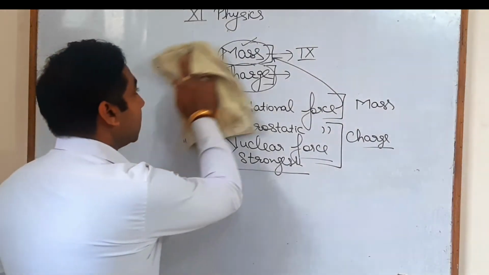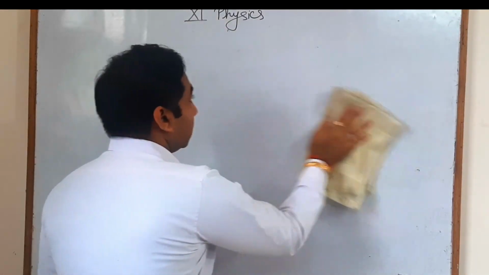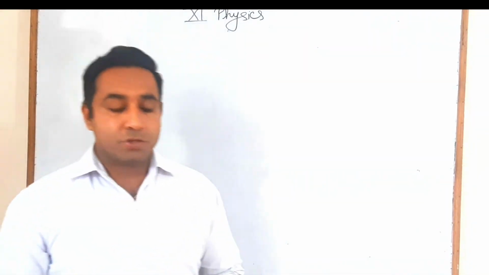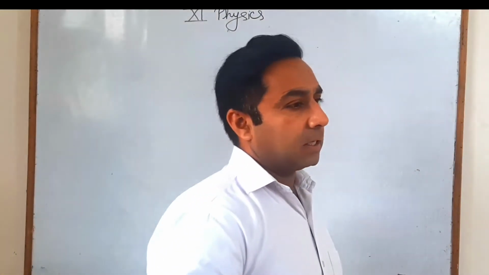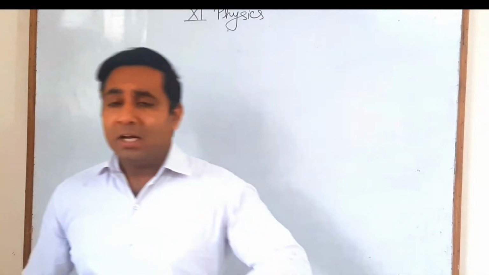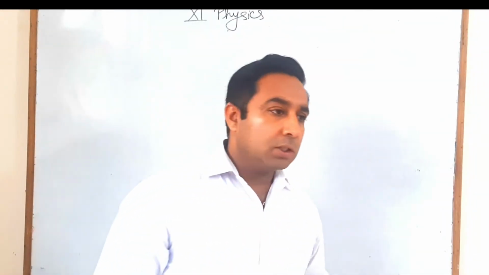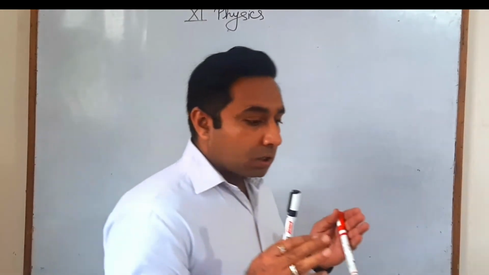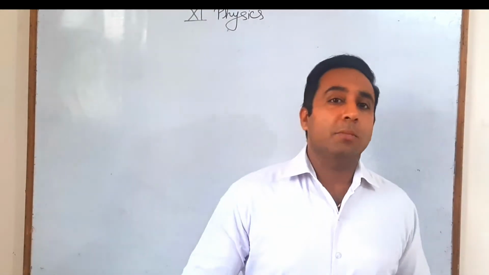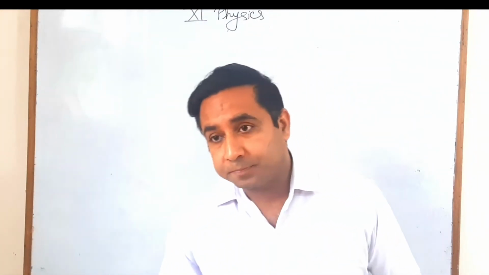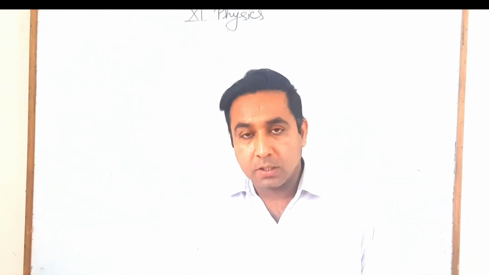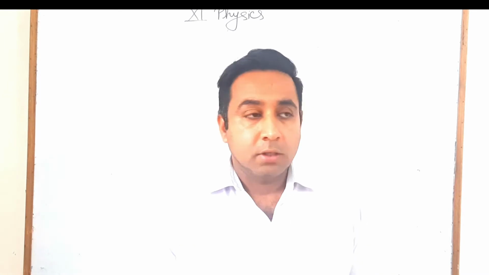Now we will discuss another basic term, that is conservation. You know the term conservation. According to conservation, things can neither be created nor be destroyed, but can transfer from one form to another, one type to another, one body to another. So today I am going to tell you another basic: in physics there are only four parameters which are conserved.